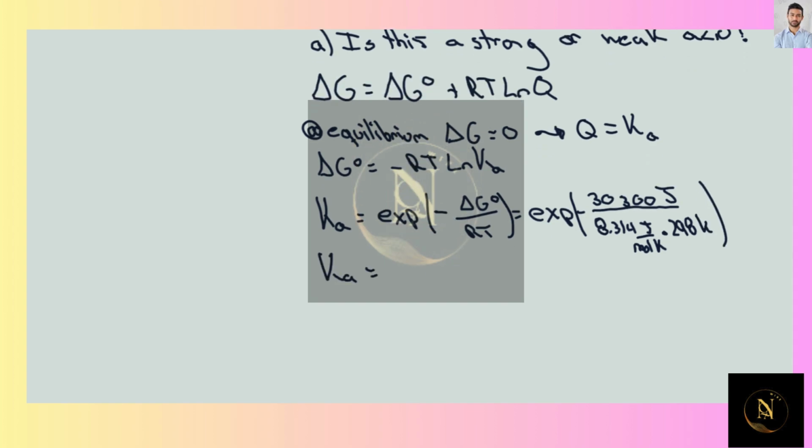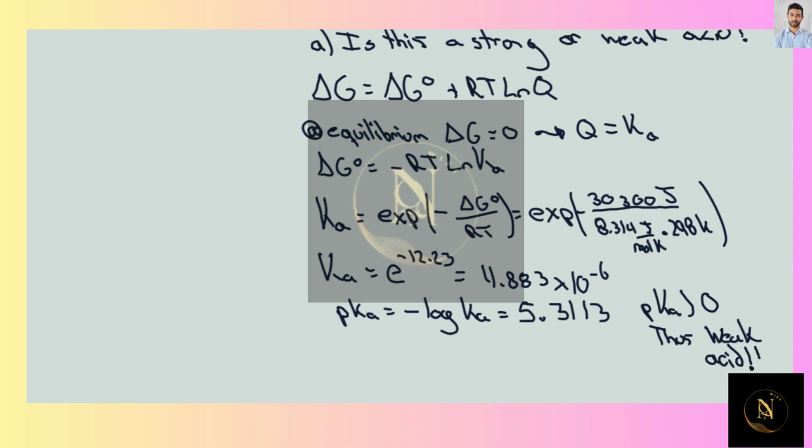Thus the value for Ka would be approximately e to the minus 12.23, which is equal to 4.883 times 10 to the minus 6.